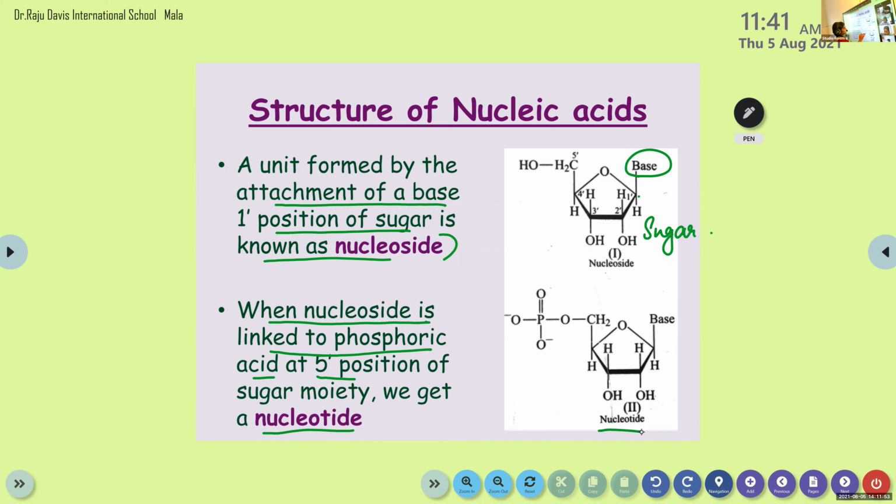This is the phosphoric acid group, P, then 3 oxygen atoms, already 1 oxygen here in OH. You can copy the structure from the textbook, it's also on page number 428. In the first position of sugar there is one base, and in the 5th position there is phosphoric acid. This one is known as nucleoside, and the other one is known as nucleotide.